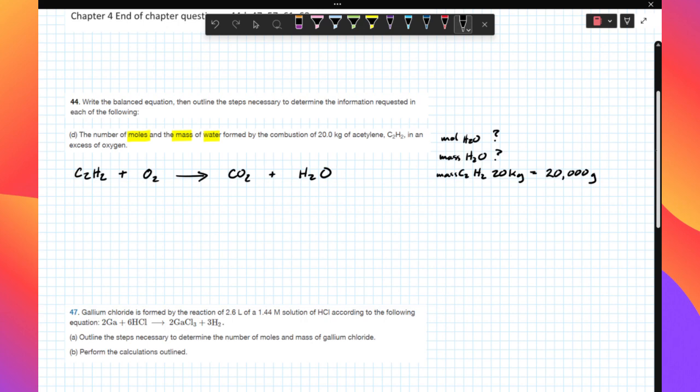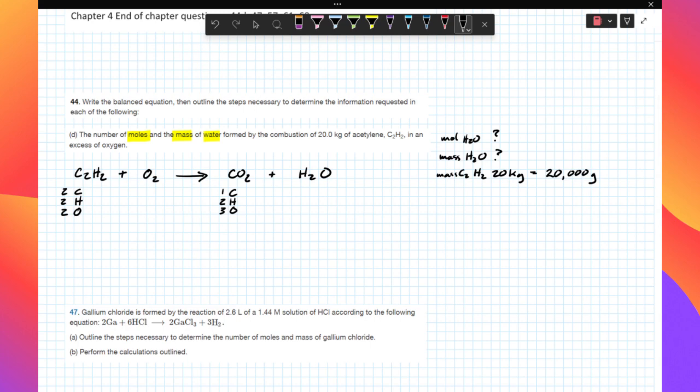First thing we've got to do is balance this. Like we did last week, we can just go down the line and count how many of each thing we have on the left and on the right. Let's keep it in order, just to keep it simple. We have 1, 2, and 3. So this is going to be our first hurdle.